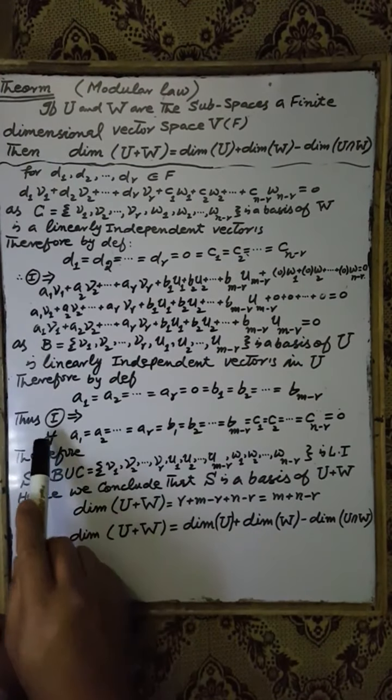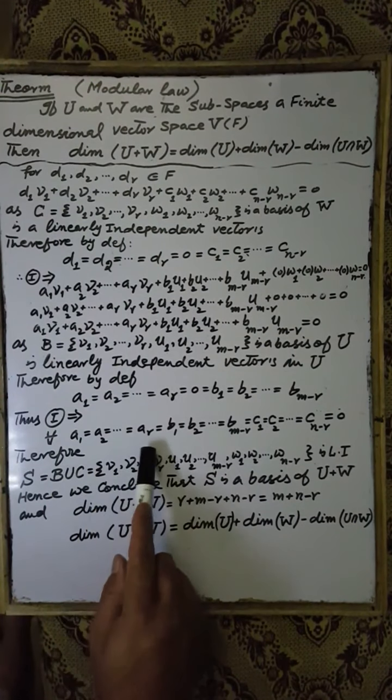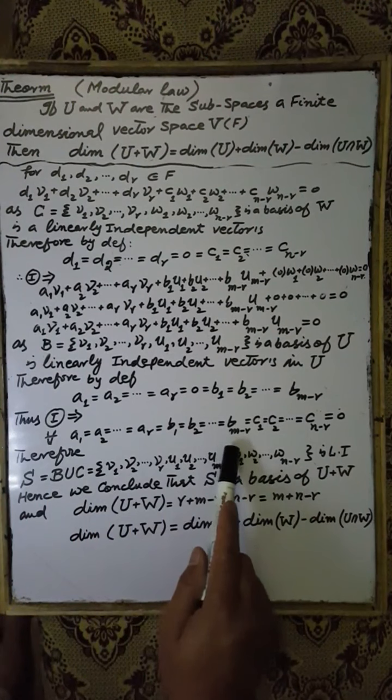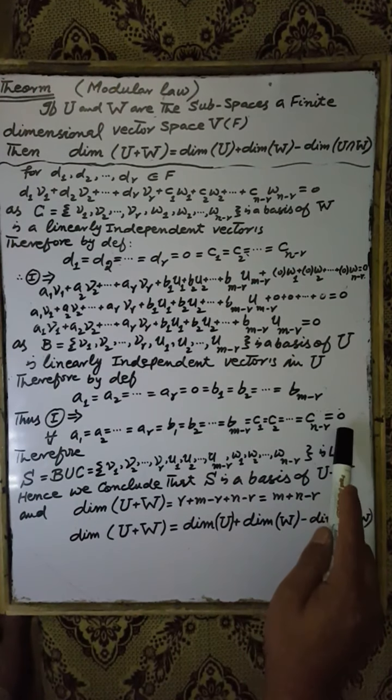That is, according to equation number first, the scalars a1, a2, ar, b1, b2 up to so on b(m minus r), c1, c2 up to so on c(n minus r) are equal to 0.